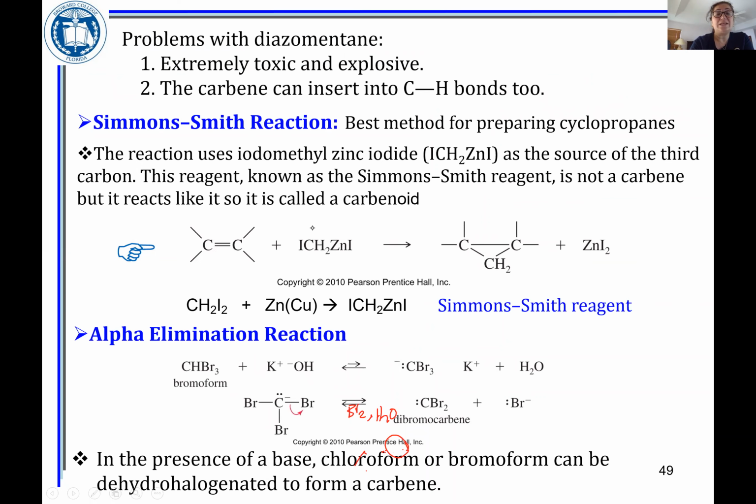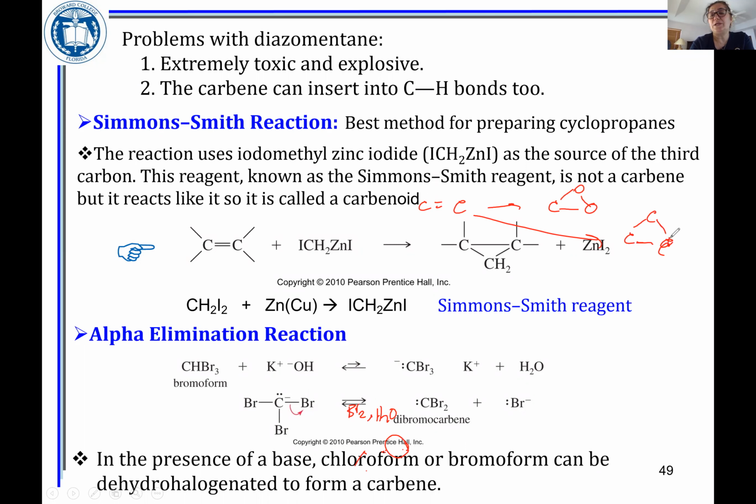For cyclization reaction or formation of cyclopropane, basically you have a CC double bond that you can change to this epoxide, or you can change that to cyclopropane.